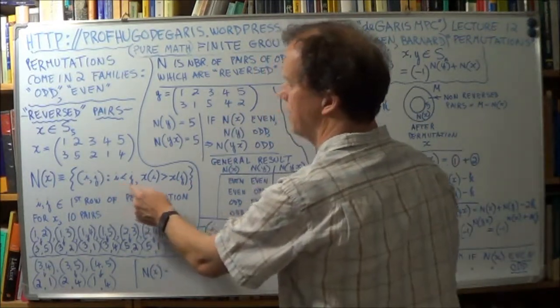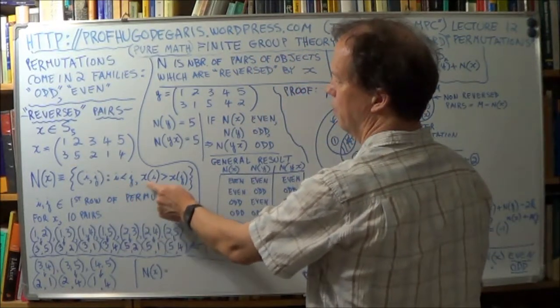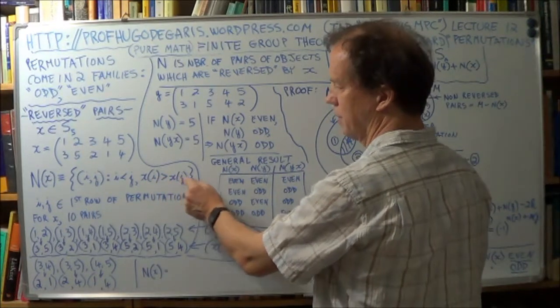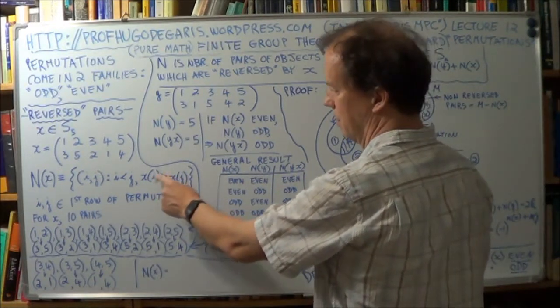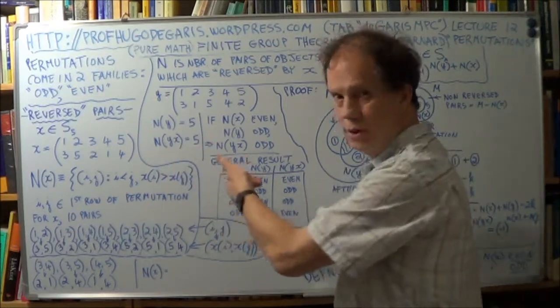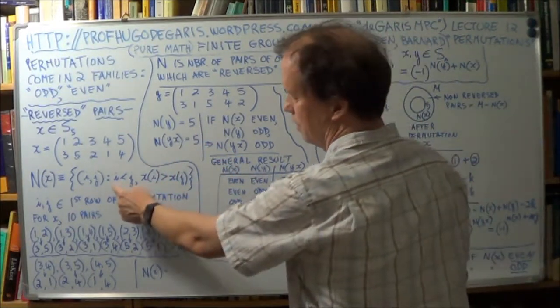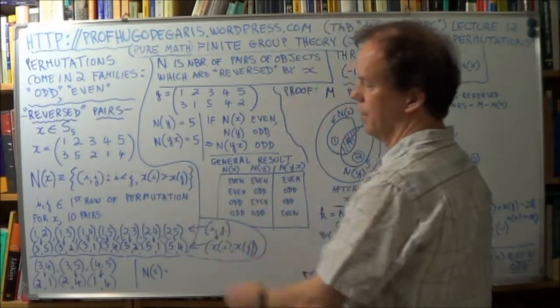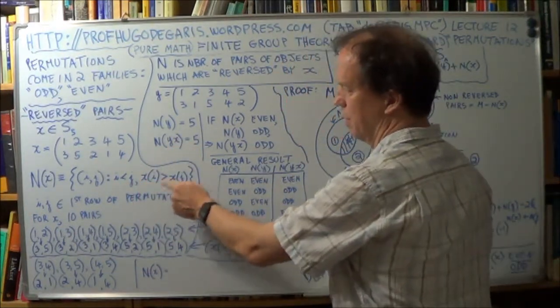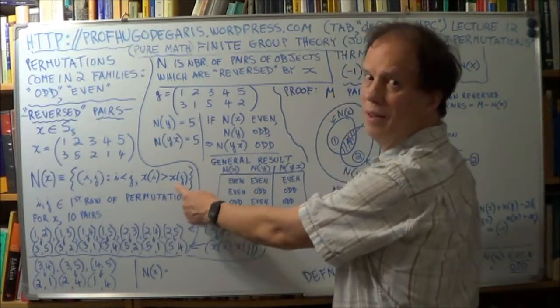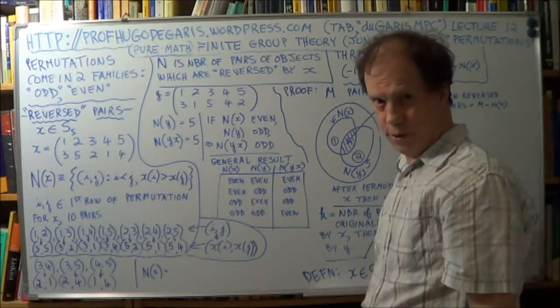Here, i is less than j. But if x of i is greater than x of j, then you've reversed the order. So x of i is now larger than x of j. So each time you get this one bigger than that one, you've got yourself a reversal.